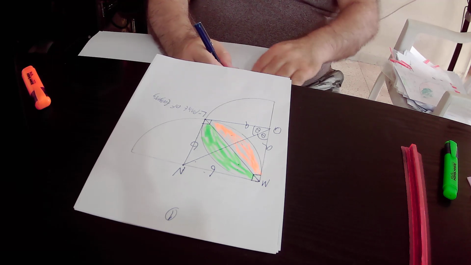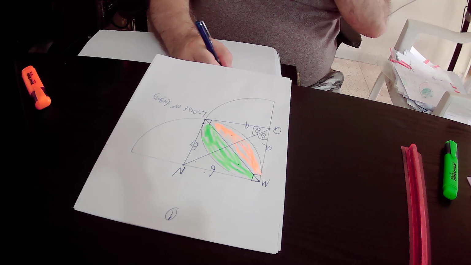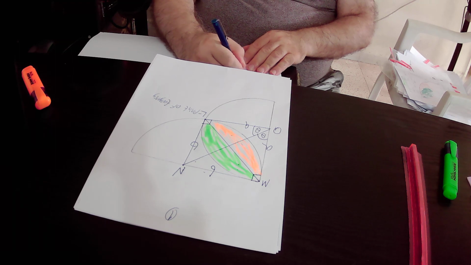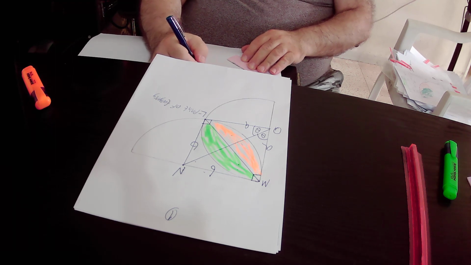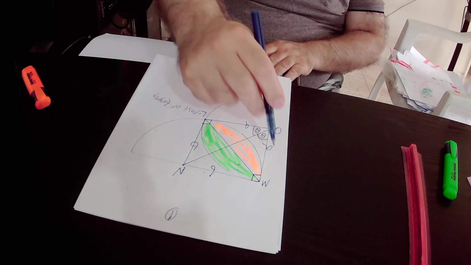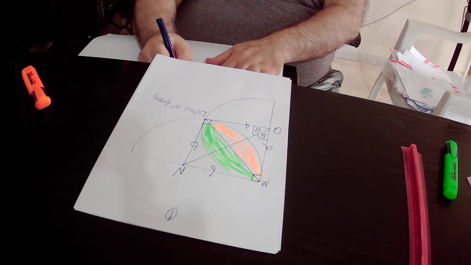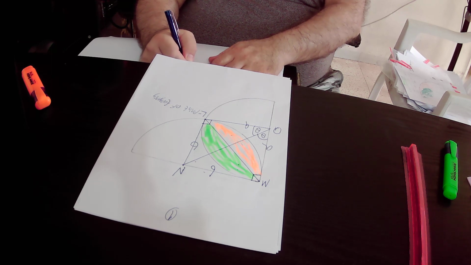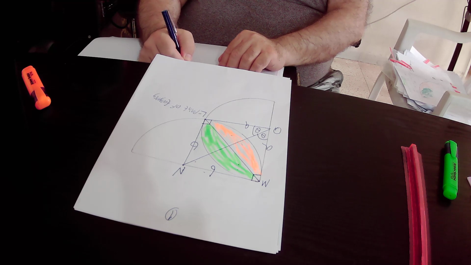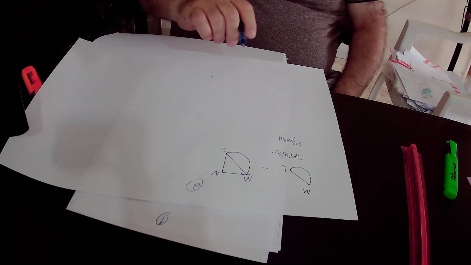The area of this lower circular segment ML will be equal to the area of sector MNL, the area of this sector, this is sector MNL, minus the area of triangle MNL.